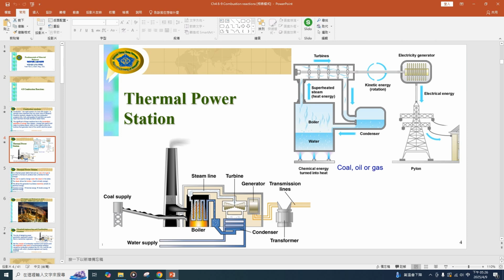So you get electricity. That's the power station. So it's a matter of whether you use coal or oil or gas. They are all a form of energy, chemical energy. Of course, if you talk about nuclear reaction, that's another story. Otherwise, for coal, oil, or gas, they all produce energy.